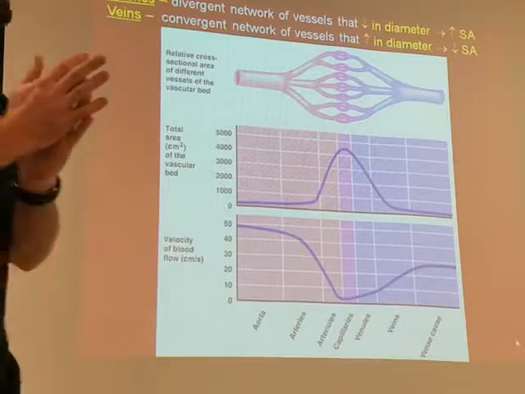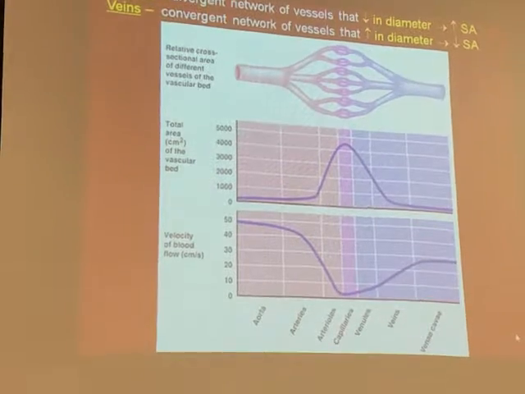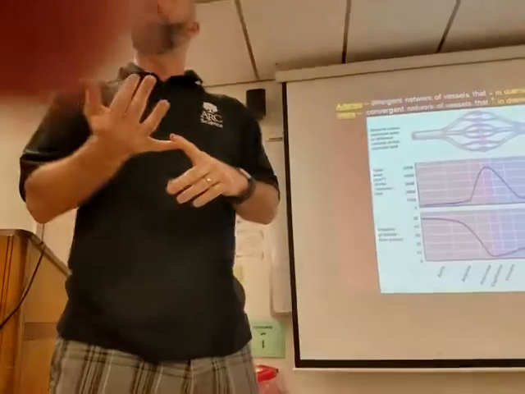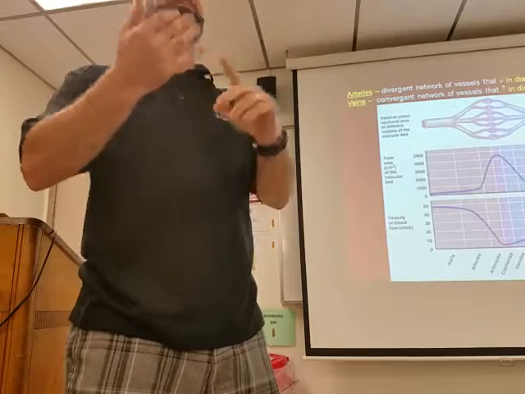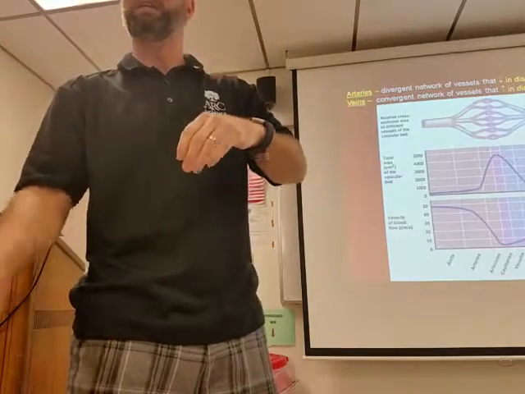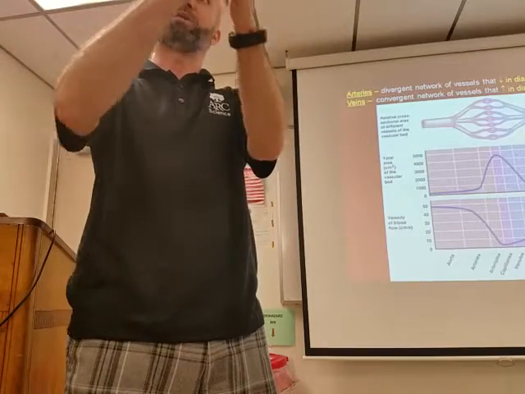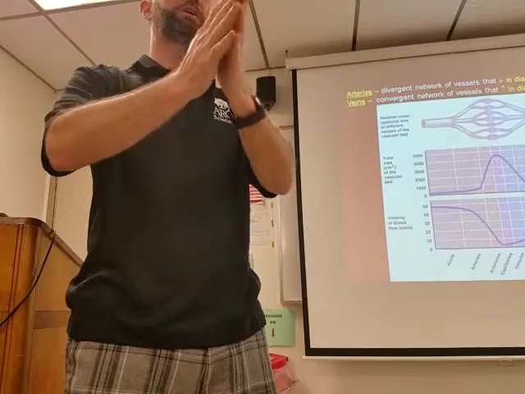An analogy I often use, I don't know how good it is, but comes to mind for me. You're at the top of the driveway, and I think of this when I wash my car outside. So you've got the hose at the very top of the driveway, and you set it down, and it's on full blast. And water is coming out of that hose at a very high velocity, huge volume, high velocity.